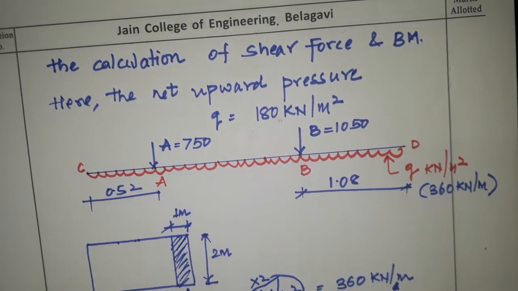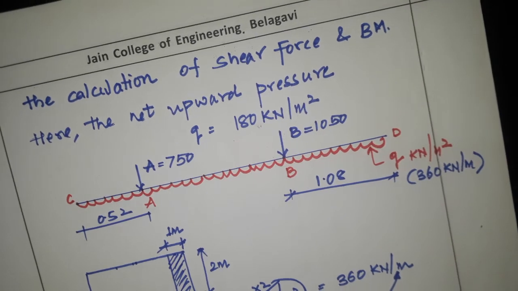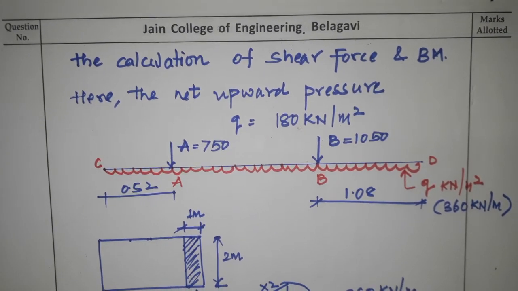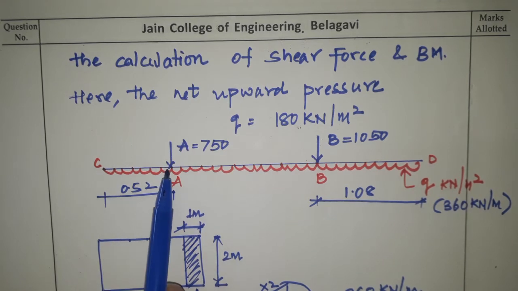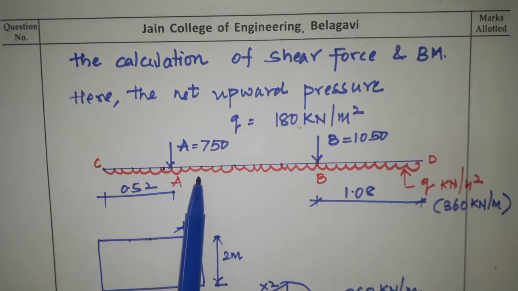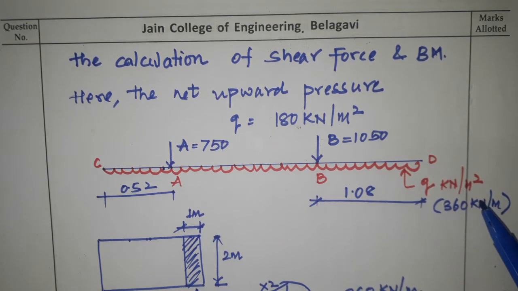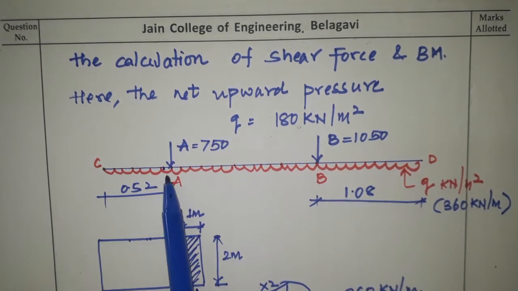Now it is at A. Shear force at C is 0, shear force at left of A is 360 into 0.52; the upward load is 360 kilonewton per meter into 0.52.